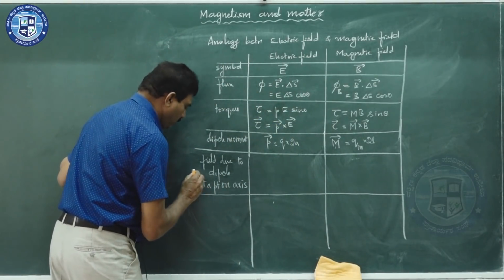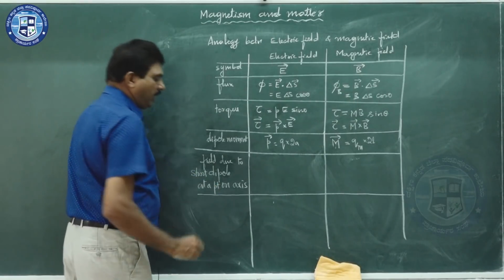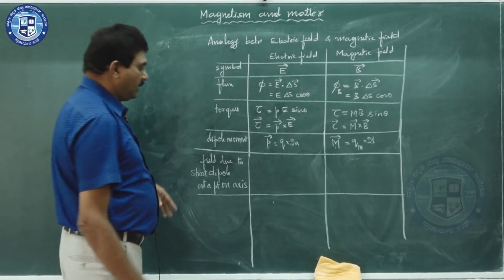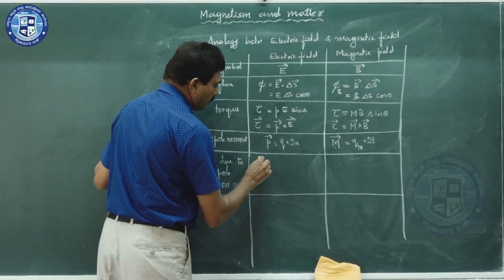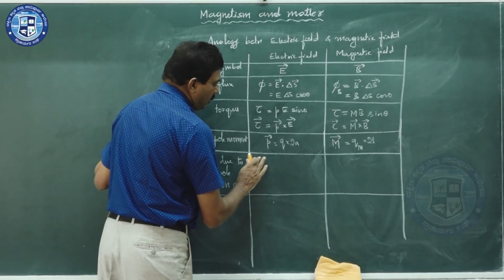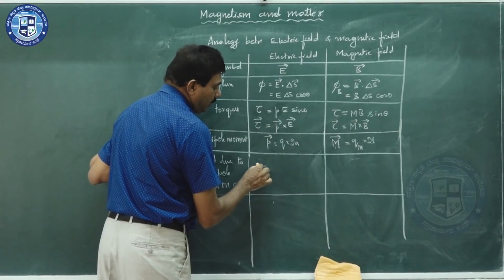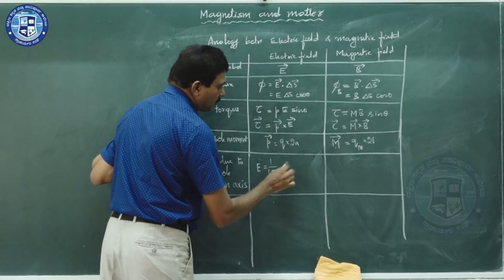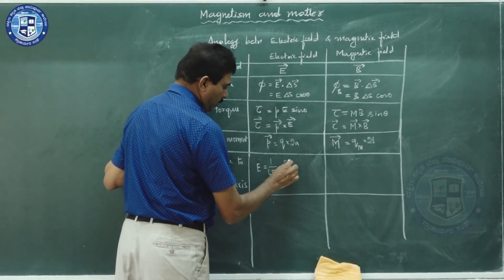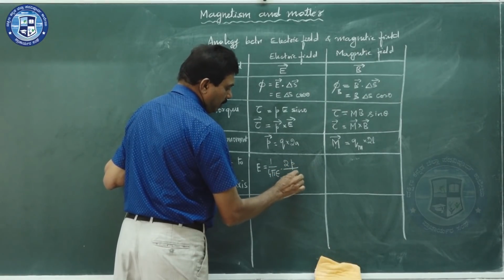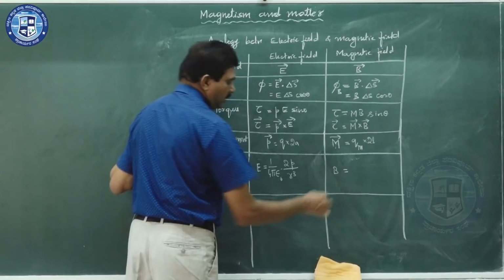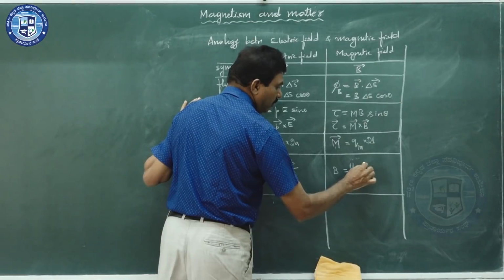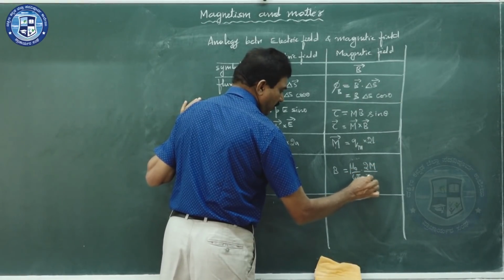Field due to a short dipole at a point on the axis. In electric field, the formula, I will consider only the magnitude, E is equal to 1 by 4 pi epsilon naught into, at a point on the axis it is 2p by r cube. What is the expression for magnetic field? It is mu naught by 4 pi into 2m by r cube.